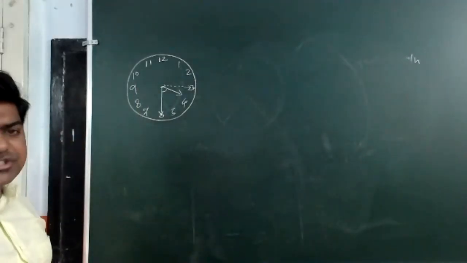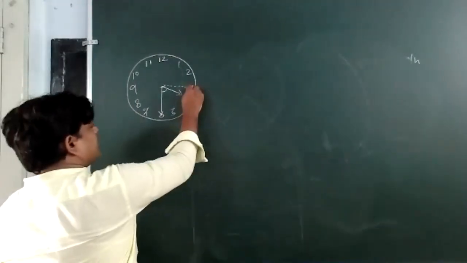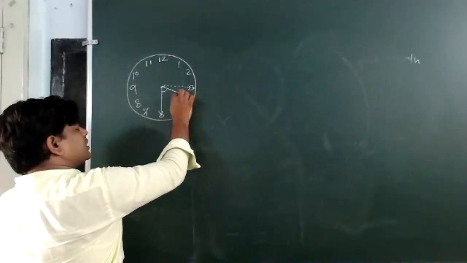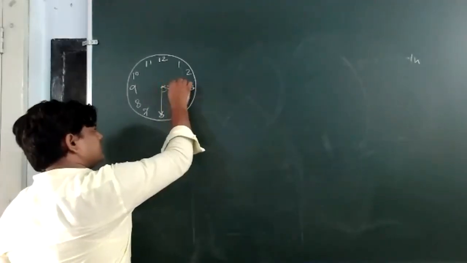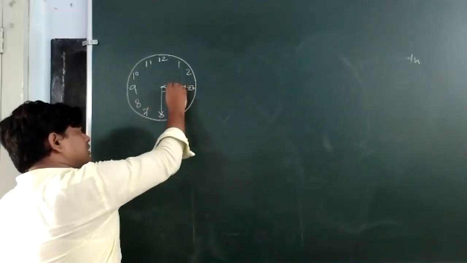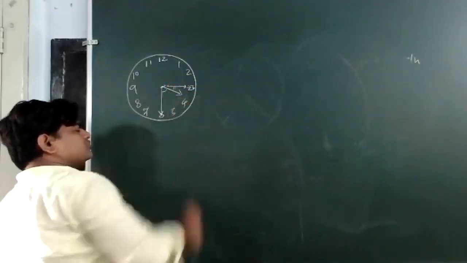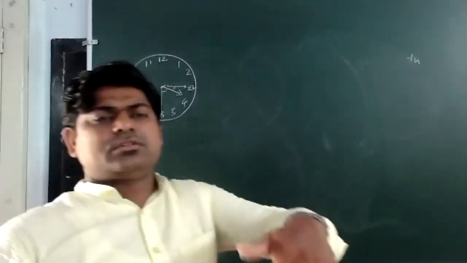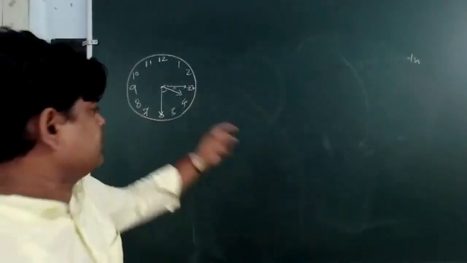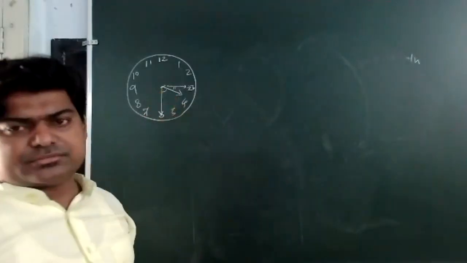But at the same time, if this hand, our hand is there, then in 30 minutes definitely it will turn something. So how much it will turn, that angle has to be subtracted from 90, then we will get the angle between these two. Are you getting me?